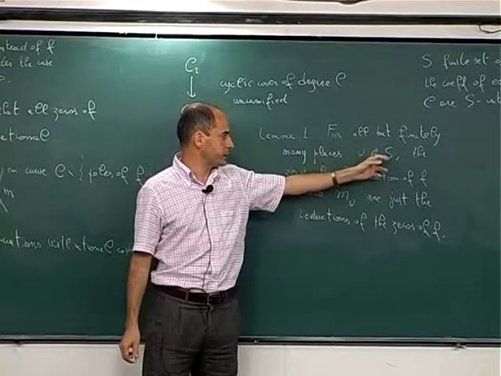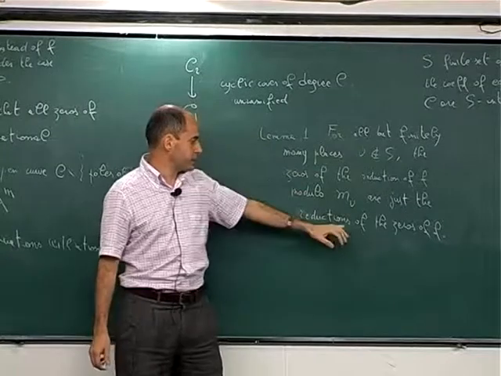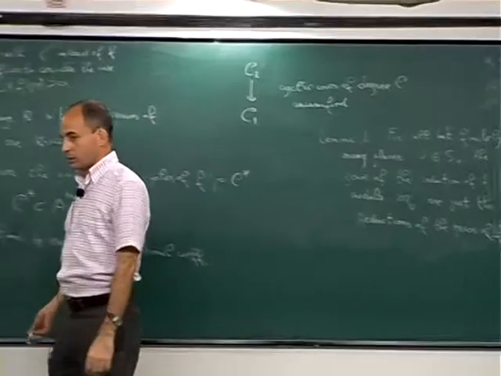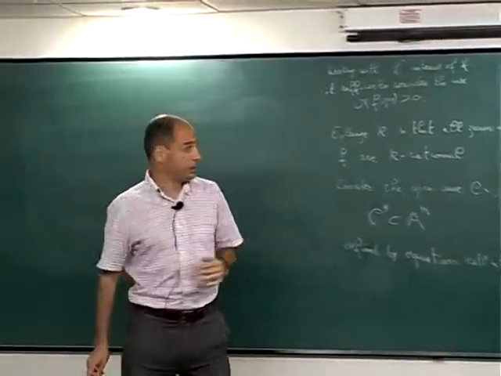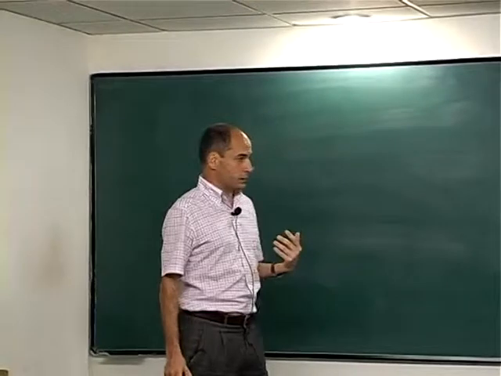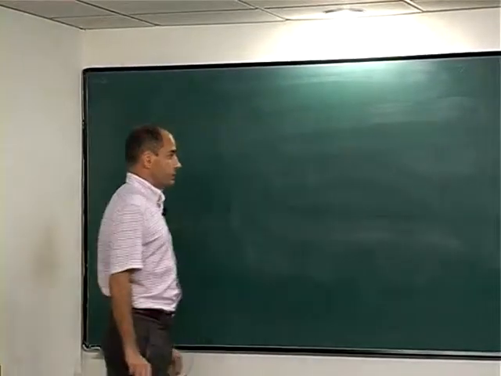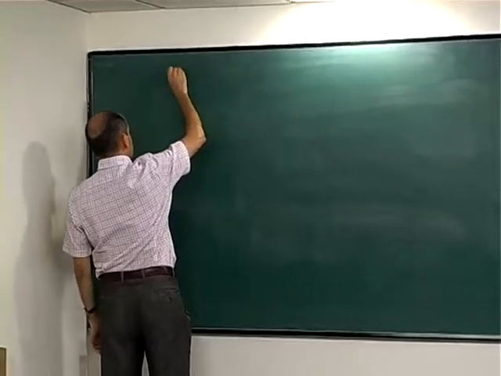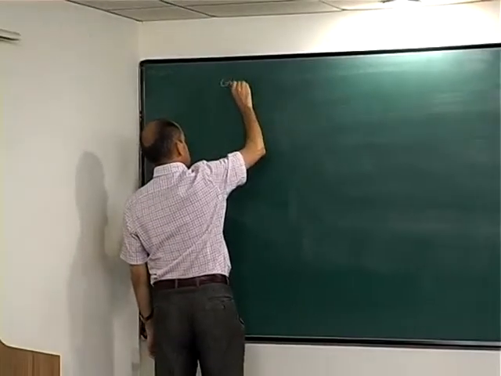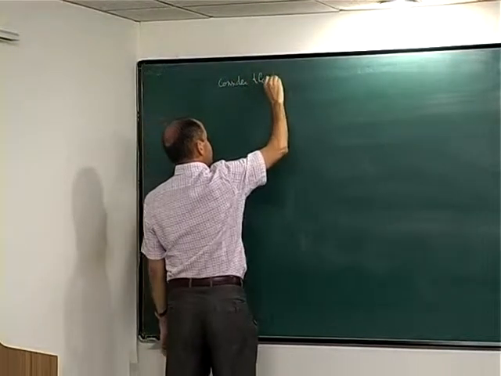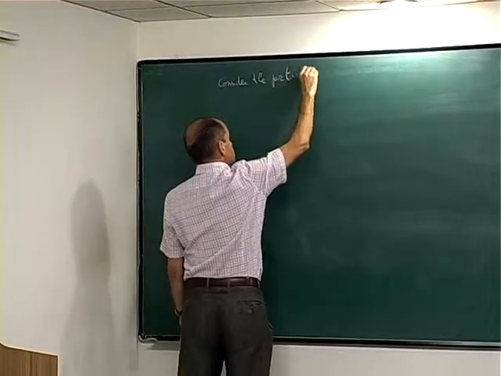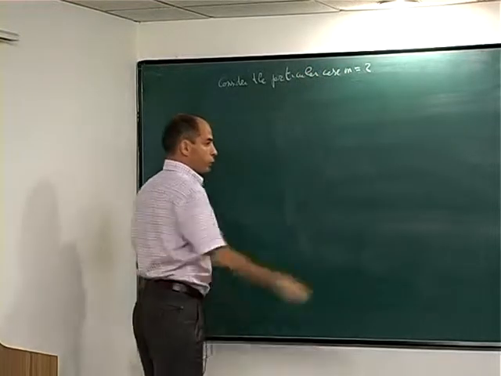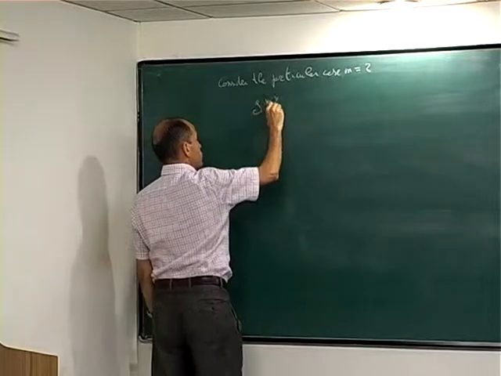But for all but finitely many places, it makes sense to reduce the zero of f modulo this place, and you obtain, of course, a zero of the reduced f. But in principle, there might be some more zeros. And actually, this is not the case. Consider, for example, a particular case, m equals 2. So you have a curve defined by g of x, y equals 0.